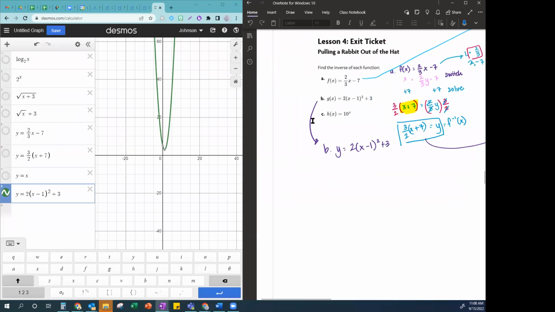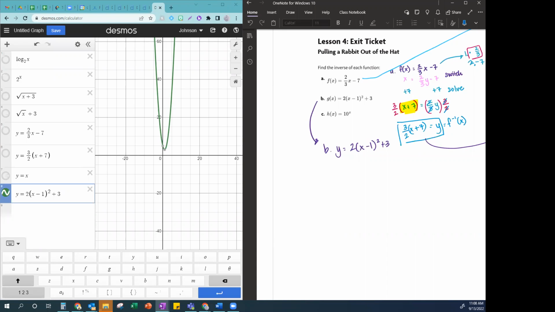So again, I'm going to rewind slowly. Oh, wait, sorry. Does the vertical line test also test if the inverse is a function? Yes. The vertical line test, you can always use the vertical line test.